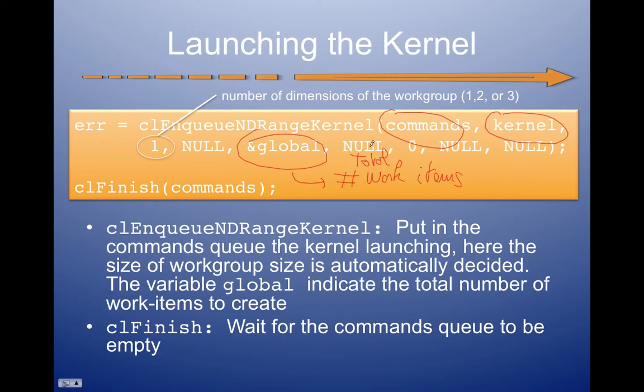I'm not specifying the work group size, so I leave the OpenCL runtime to decide the size. And then, because this is asynchronous, I have to wait for the command, and this is here the role of clFinish.